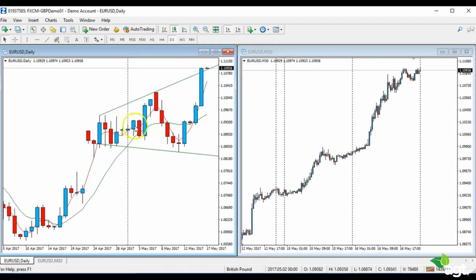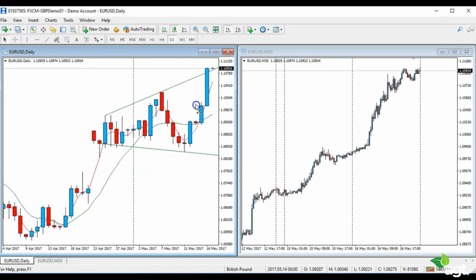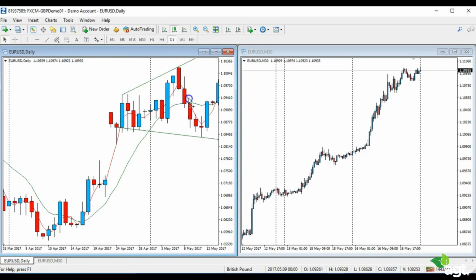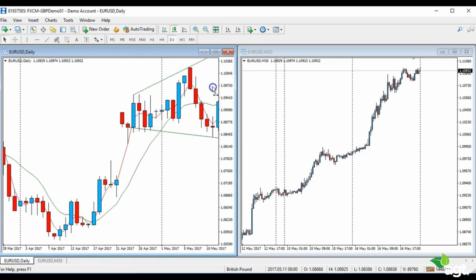So here, for example, if we go back, we didn't know after this candle what price was going to do next. But the thing is, we could see by doing these two lines here that a megaphone channel had formed.